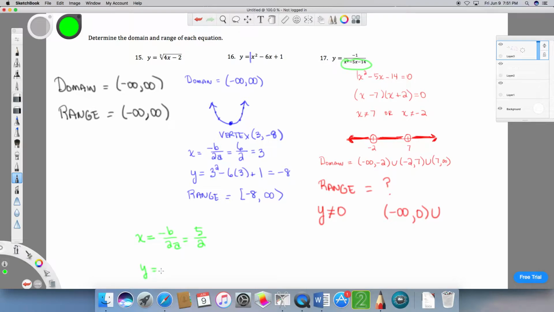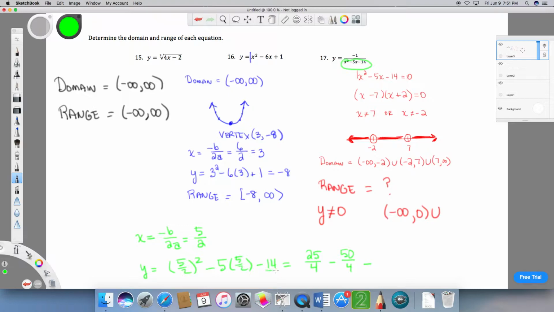And if I plugged in that 5 halves into here, 5 halves squared minus 5 times 5 halves minus 14. What did I get? Well, the first term is 25 over 4. The second term is 25 over 2, so if I multiply it by 2 over 2, I'll have 50 over 4.